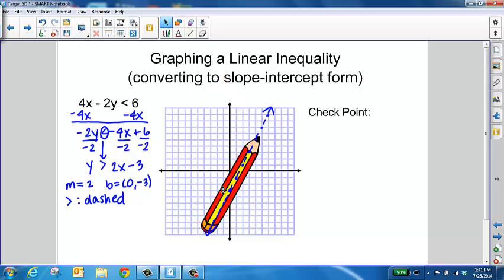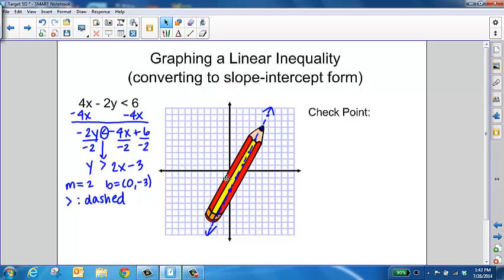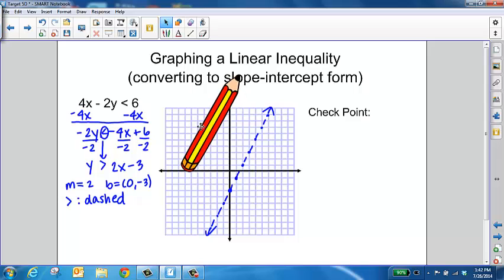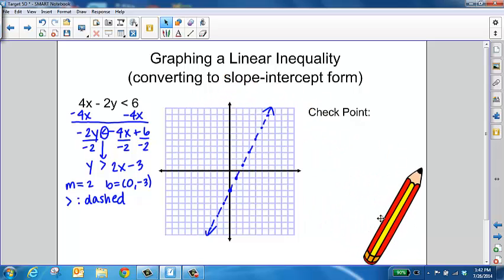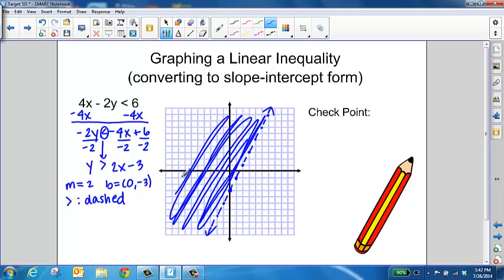So we want to take our pencil and move it up. And as you can see, it goes into the upper left portion of that graph. So we're going to shade all of this side here.